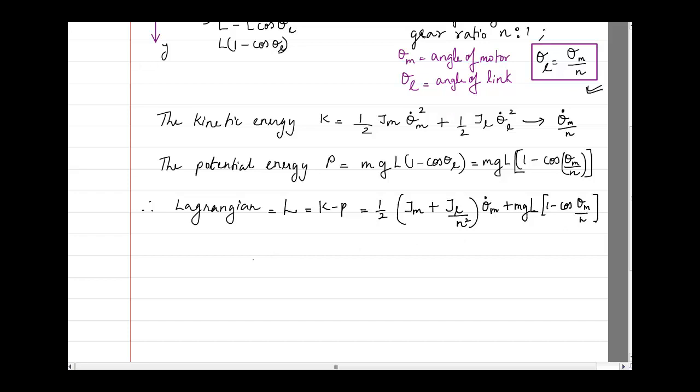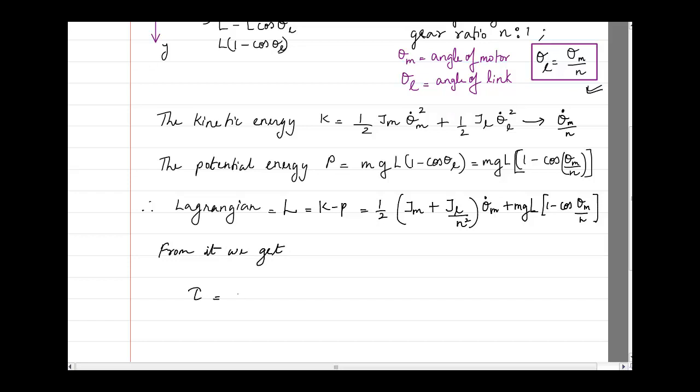And now from the Lagrangian, we get the torque.